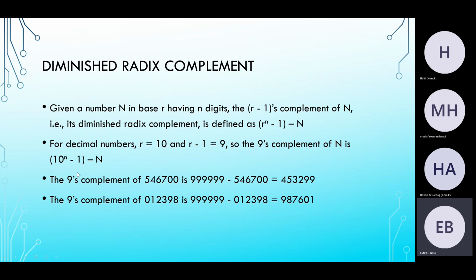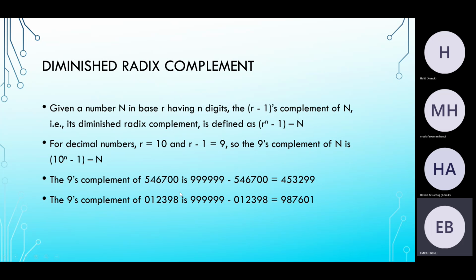So if you want the 9's complement of this decimal number, 546,700, we get all digits 999999 minus the number itself, and we have this. So this is the 9's complement.